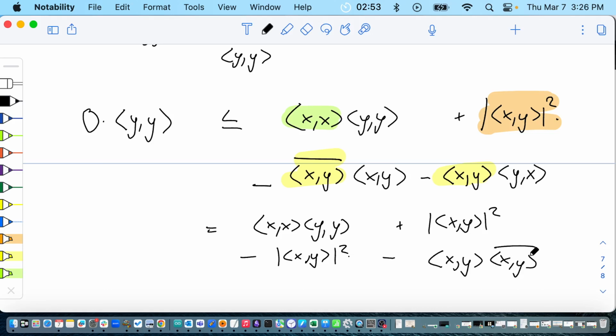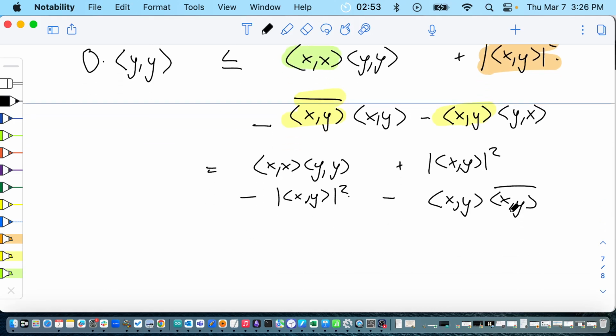Okay, and that is again, xy times xy bar is once again an xy absolute value. Let me just cross it out so we don't have to write everything again. Xy absolute value squared. Okay, so what do we have? We have x, y, y plus one copy of the absolute value squared minus another copy of the absolute value squared and minus yet another copy of the absolute value squared.